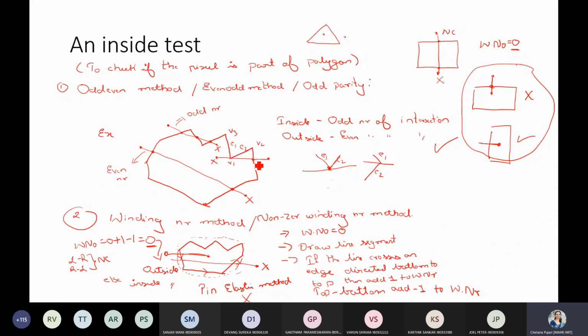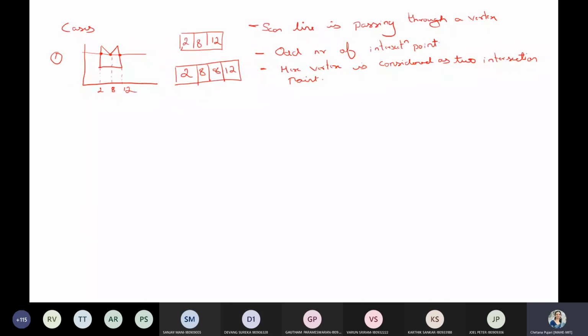So using the same concept here, if the edges with respect to this particular vertex are on the same side with respect to your scan line, then you consider it to be 2 intersection points. If they are on different sides, then it is considered as 1. So in this case, because they are on the same side, you consider it as 2, and hence we have a pair here.